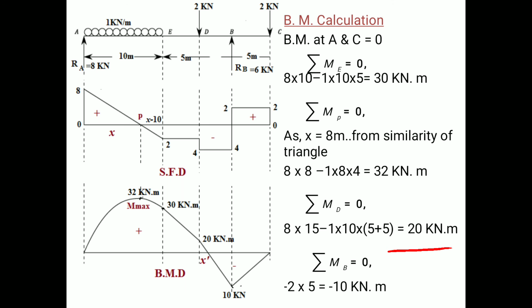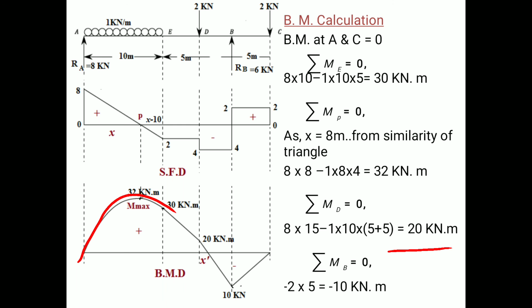From the calculated value of bending moment, we are going to draw bending moment diagram. Remember that between point A to E, a UDL is acting, so you will observe a parabolic curve of second degree. Therefore, from point A to E, we have a parabolic curve, and for that particular parabolic curve, we have maximum value at point P, that is 32 kilonewton meter.